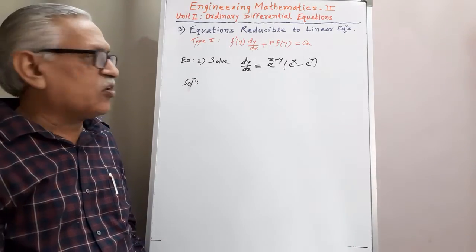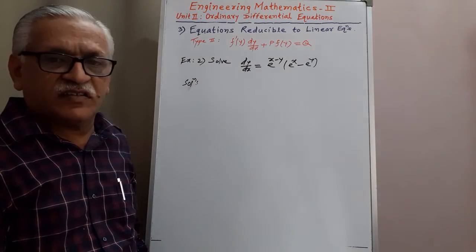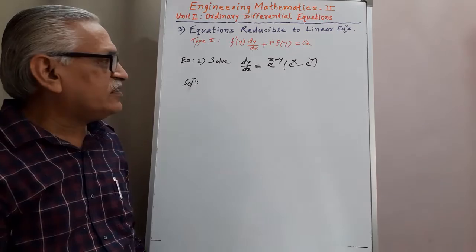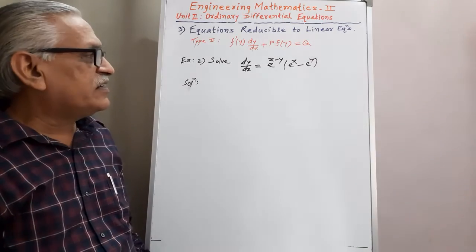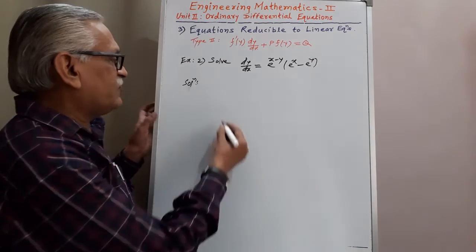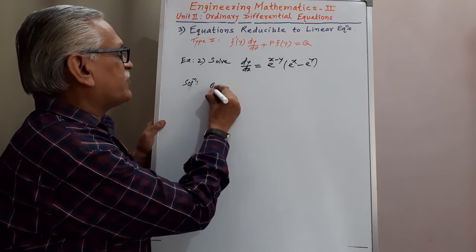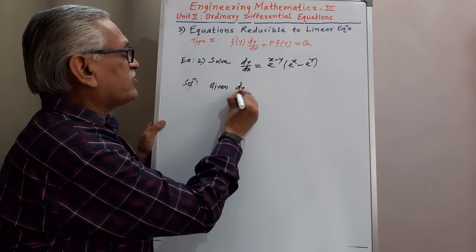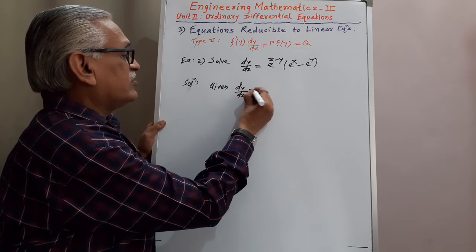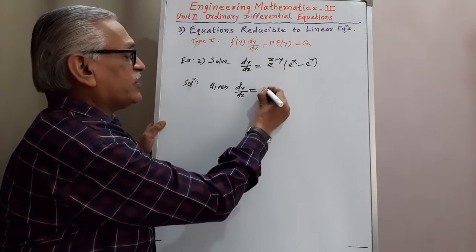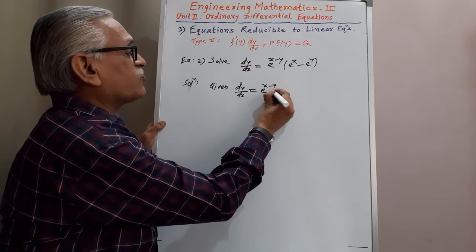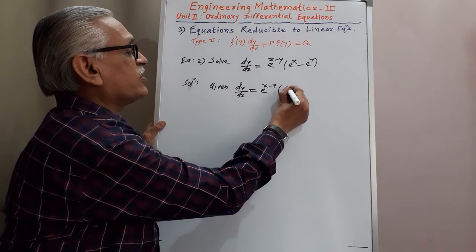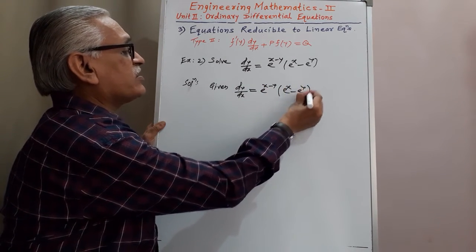Second example: solve dy by dx is equal to e raised to x minus y in bracket multiplied by e raised to x minus e raised to y. Therefore, the given differential equation is dy by dx is equal to e raised to x minus y multiplied by e raised to x minus e raised to y.